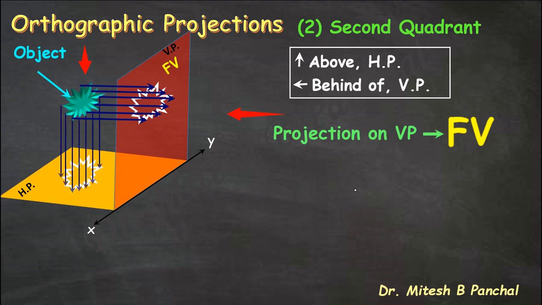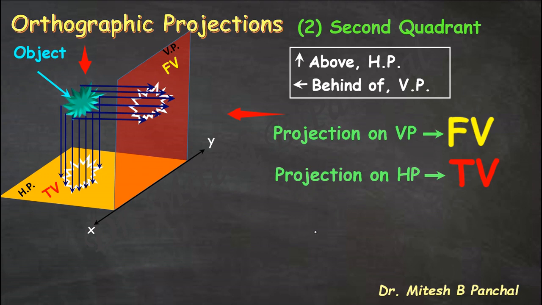You will get the orthographic projection when you are viewing from the top side. So you will get the top view of the object on HP. Projection of the object on HP will give you the top view of an object.